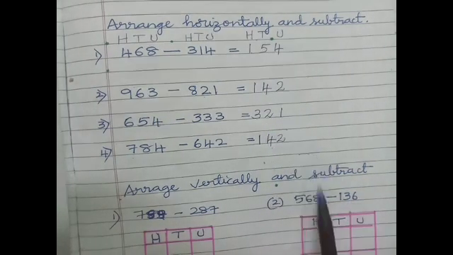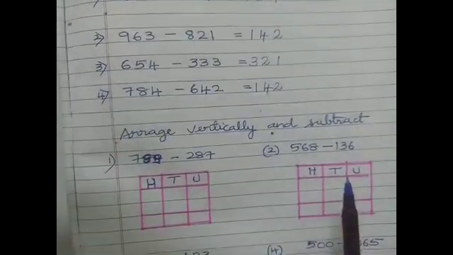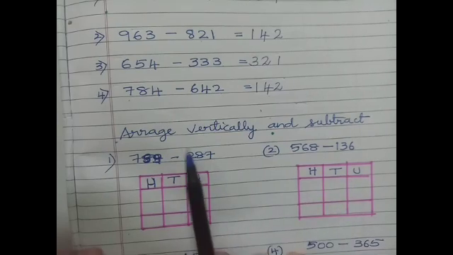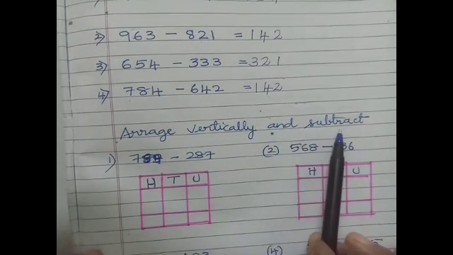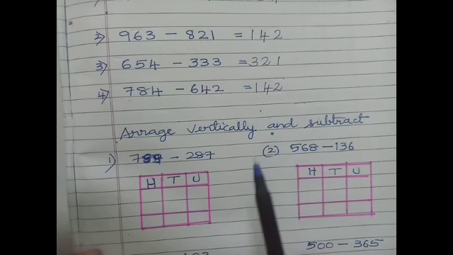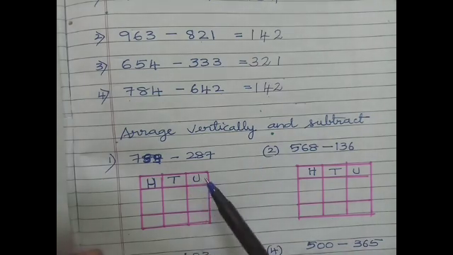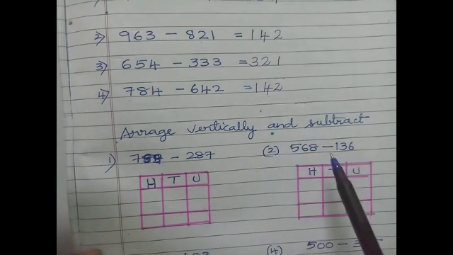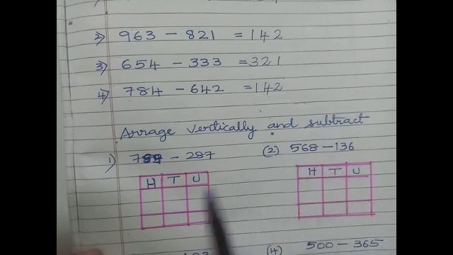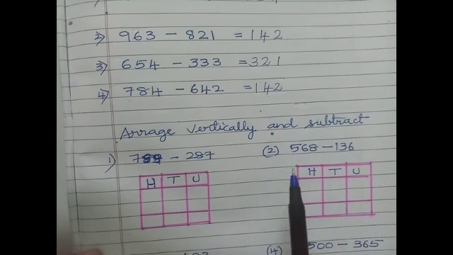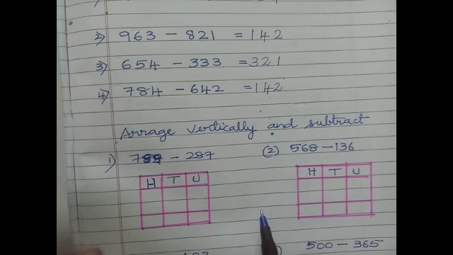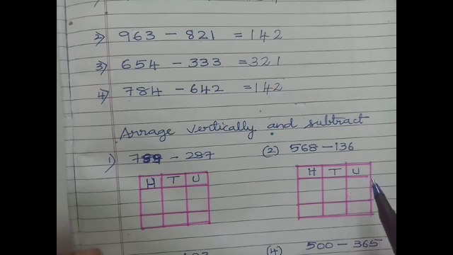Okay children. Now move on to the next method, that is, arrange vertically and subtract. We have to arrange the numbers in the vertical arrangement and then we have to subtract. Here also we have 3-digit numbers. So let us first learn the 3-digit numbers, then move on to the next numbers.